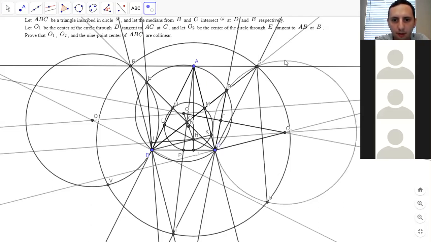Yeah. Okay. And then they meet at S. And then can we show that S lies on this circle? Is it obvious? Let me check it. And then once we show that, if we want to show that U, C, and E are collinear.